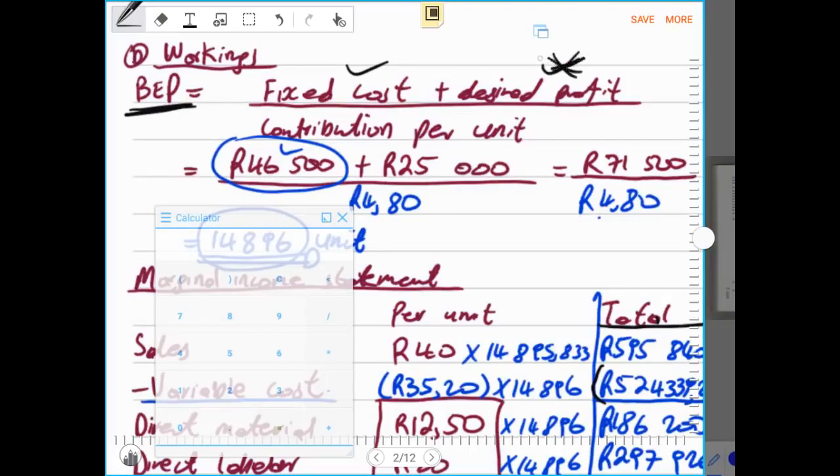If the desired profit is not there, or the expected return, sometimes they say expected return, then you must know that that is the desired profit that must be added to the fixed cost before you divide by the contribution per unit.